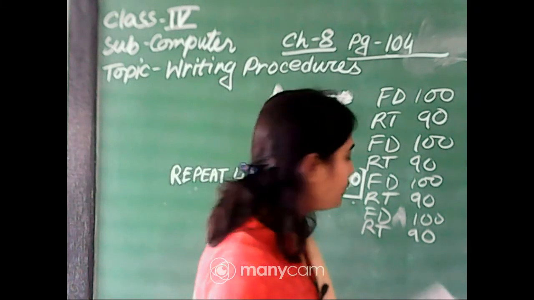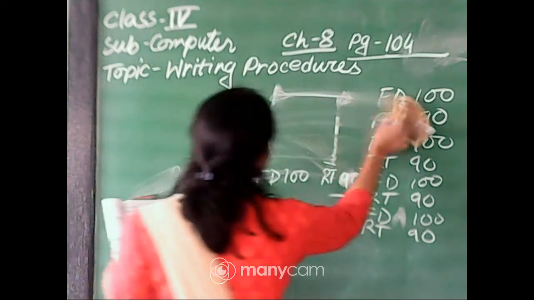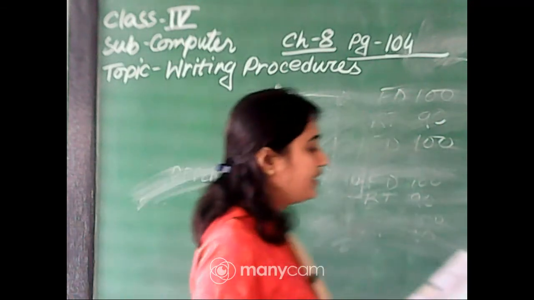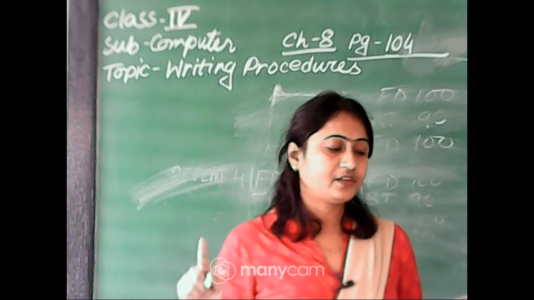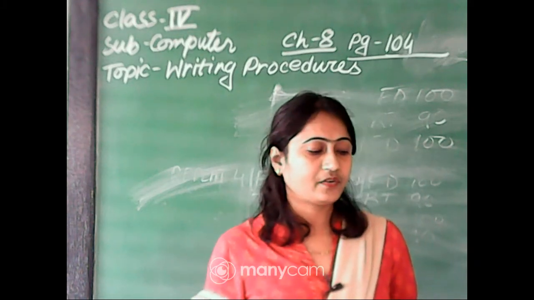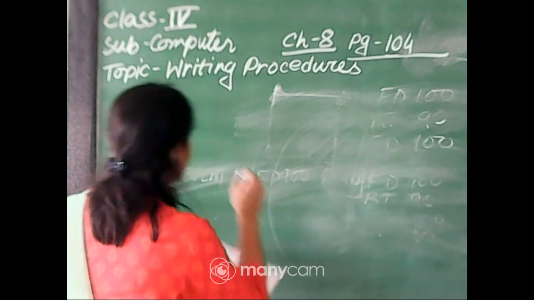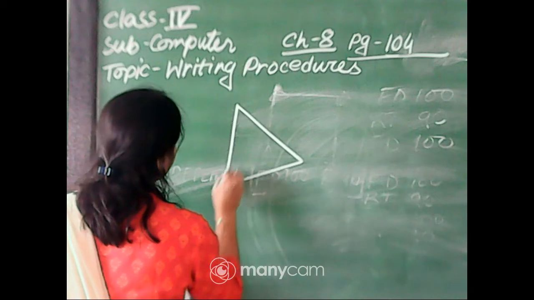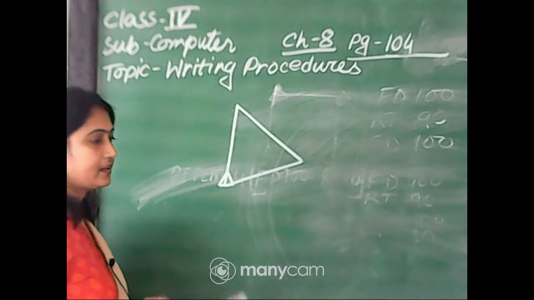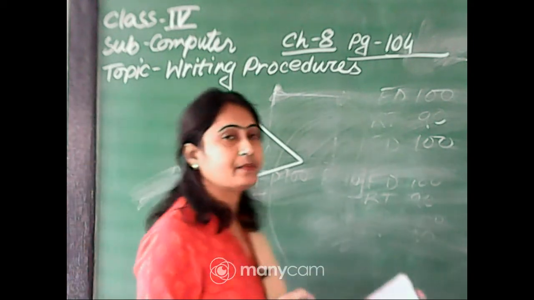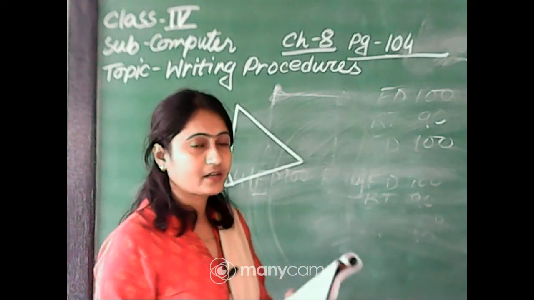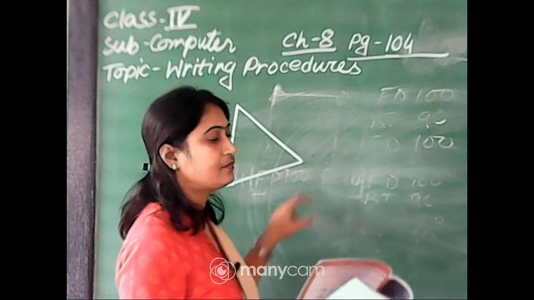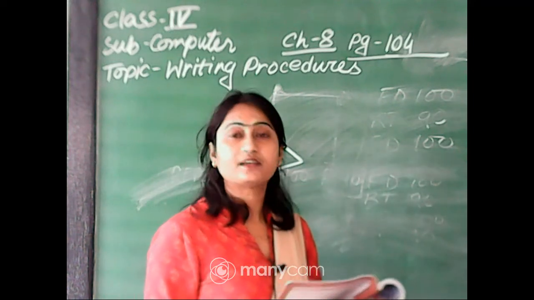Now, same as the square, if you want to draw a triangle: FD 100 RT 120, again FD 100 RT 120, FD 100 RT 120. You can see this type of triangle here. If you write using only the FD and RT primitives, it is FD 100 RT 120, again FD 100 RT 120, again FD 100 RT 120.